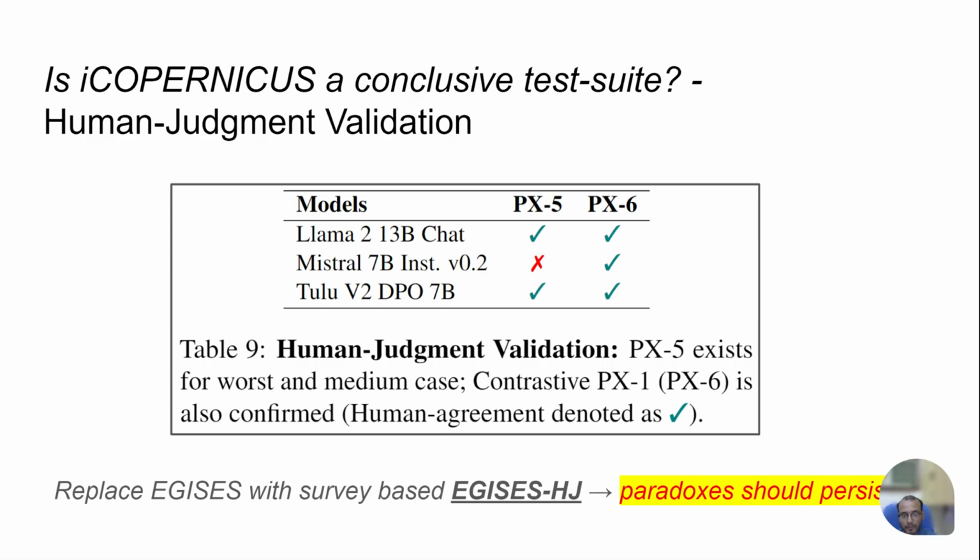If we just replace EGISES with EGISES 8J, which is the human version of the EGISES measure, we saw that yes, the paradoxes still exist, which helps us understand that iCopernicus is not just a coincidental set of results, and human judgment also agrees with that.